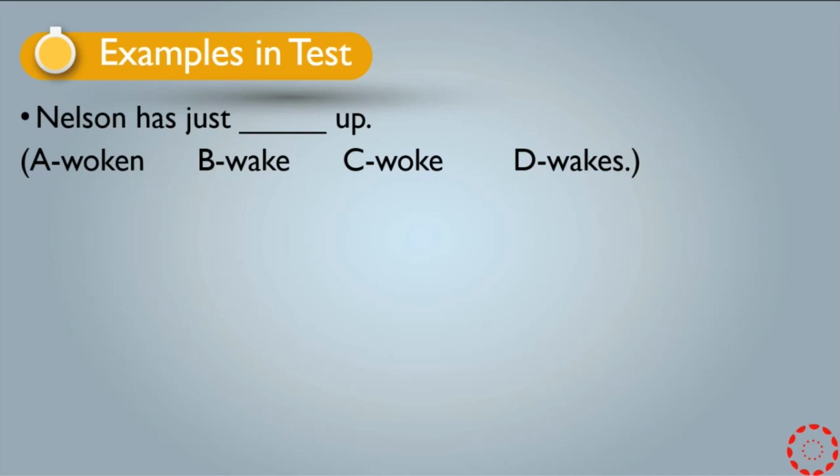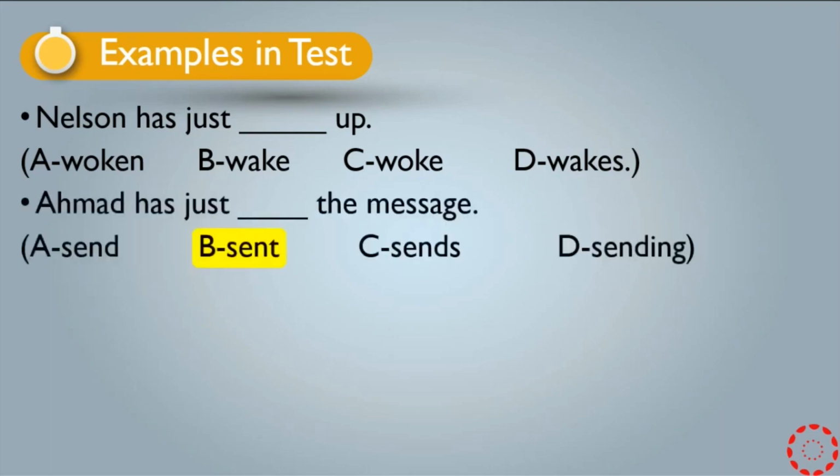As I said in the rules, after just we have to have the verb, and the verb should be in the past participle form. So you have to look at which one of the following is the past participle: woken, wake, woke, or wakes. So I choose Nelson has just woken up.